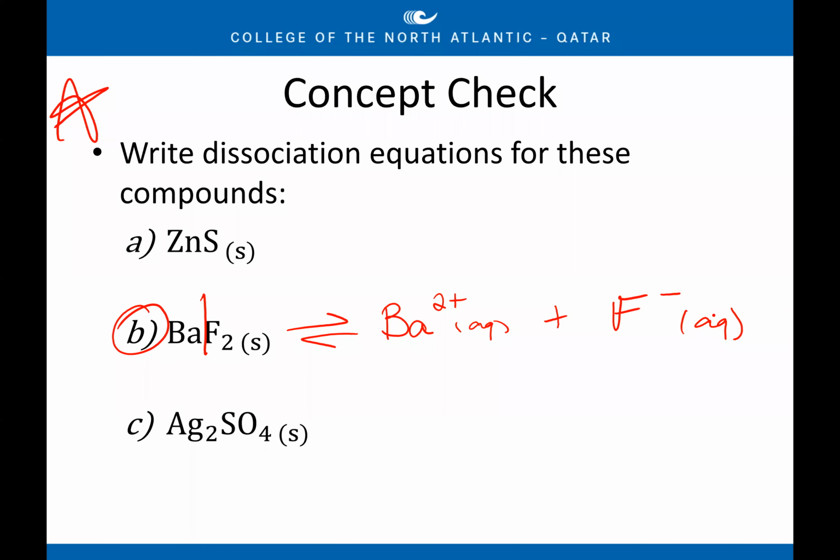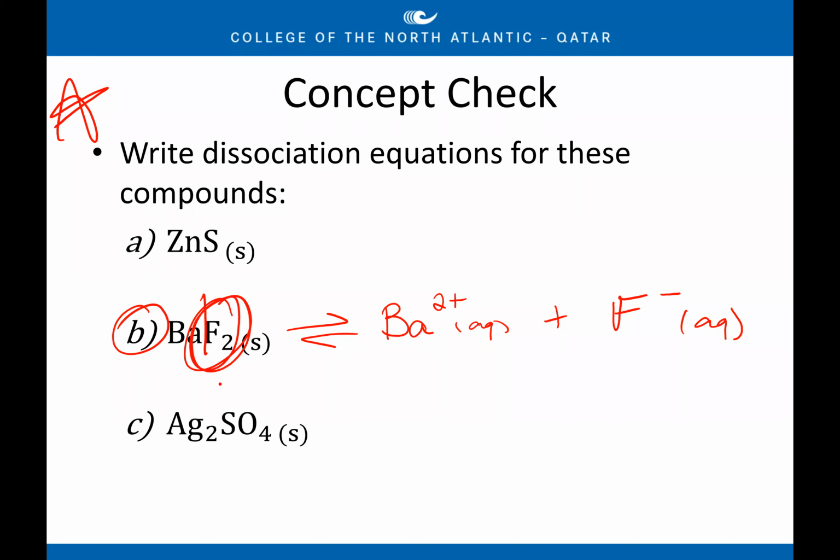There's only one problem with what I have written right now. I've split barium fluoride into its ions, but I'm not following the rules of chemistry, the rules of physics, the rules of the universe. I haven't followed the law of conservation of atoms, or the law of conservation of mass, whatever you want to call it.